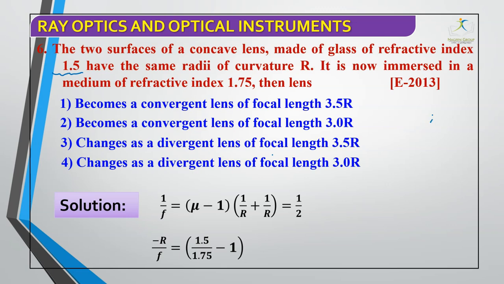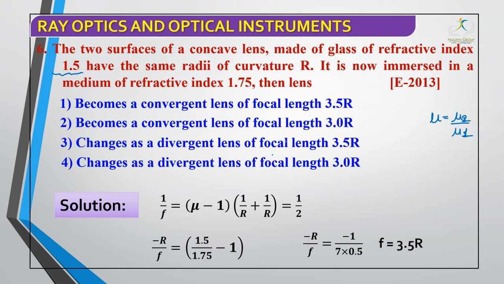We know that mu is equal to mu 2 by mu 1, so we have 1.5 by 1.75 minus 1. After a little bit of solution, we get the value of f equal to 3.5 r.